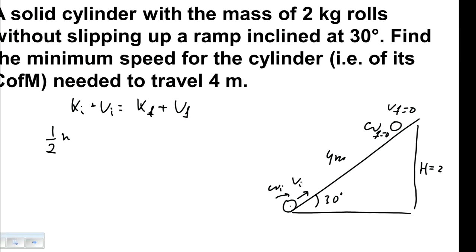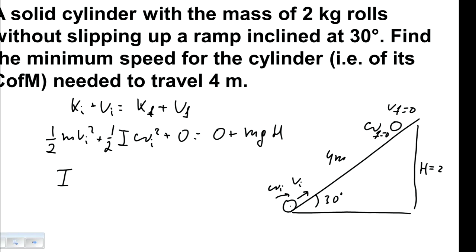1/2 m v initial squared plus 1/2 I omega initial squared plus 0 should be equal to 0 plus mgh. What else do we know? We also know that this should be equal to 1/2 m r squared, and we also know this is coupled.